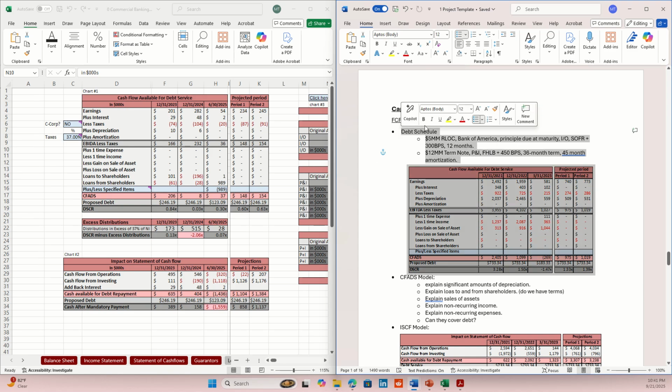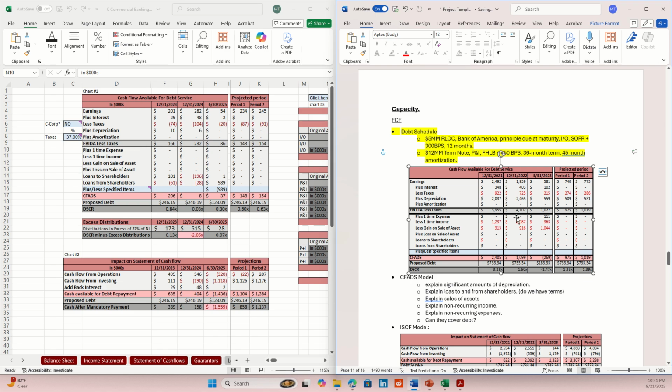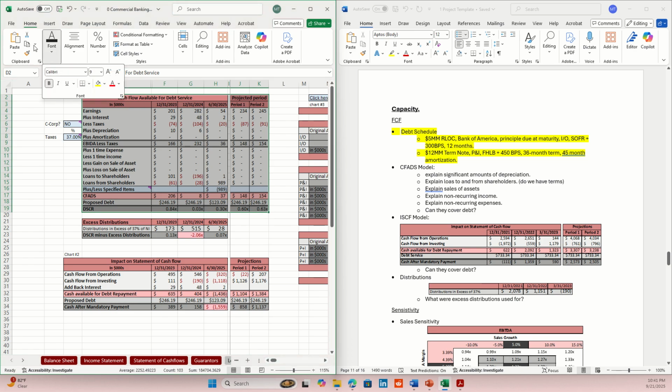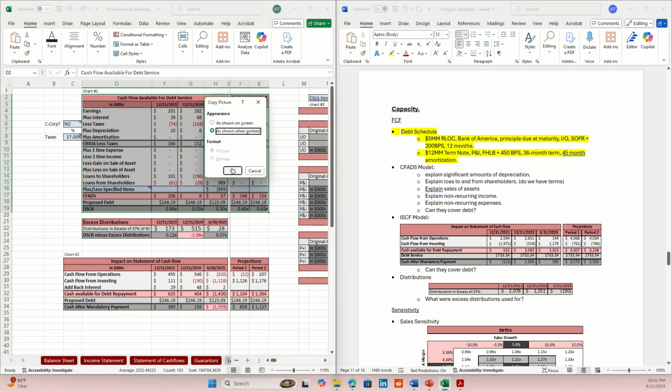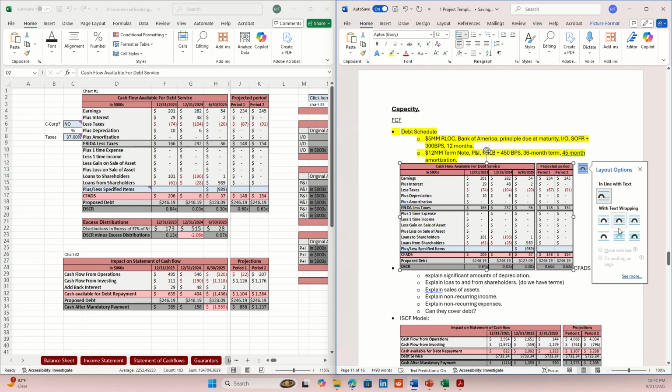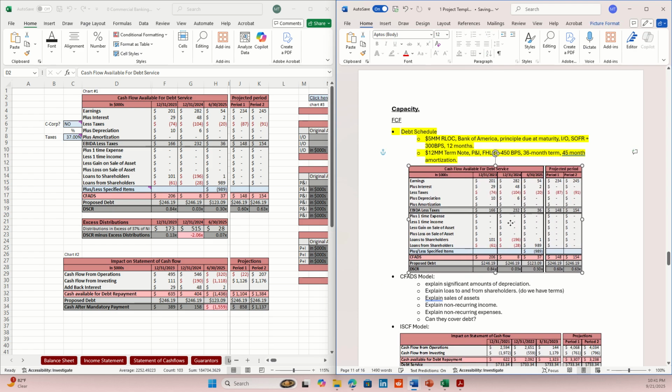So, highlight everything. That's the first order of business. We're going to delete this chart. And we're going to come here. We're going to grab this chart. Copy picture. And we're going to move it over. Enter here. Okay.